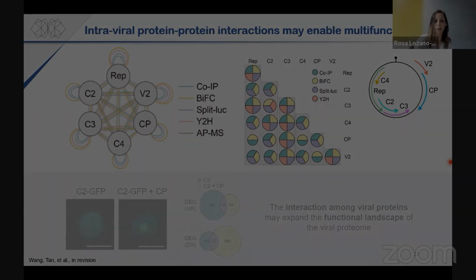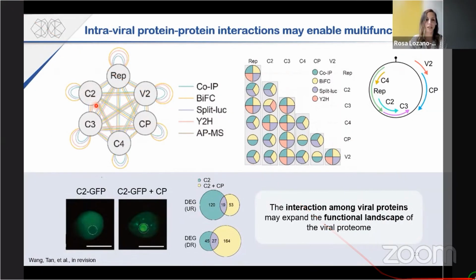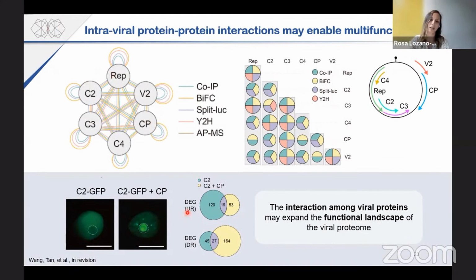Now we have taken one of these protein-protein interactions, that between C2 and CP, as a proof of concept, and we have found that CP is sufficient to modify the subcellular localization of C2, and also to completely modify the changes to the transcriptional landscape that C2 triggers. And this result raises the idea that combinations of viral proteins might actually enable novel functions, and therefore these interactions may expand the functional landscape of the viral proteome.